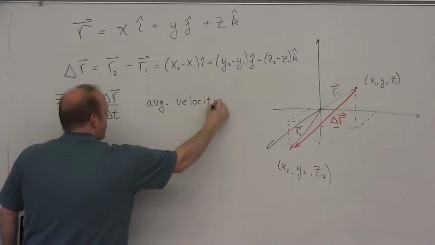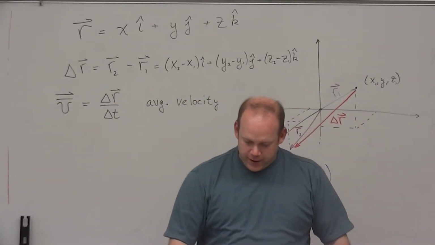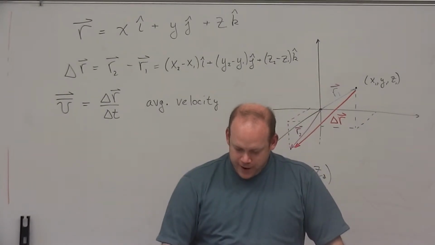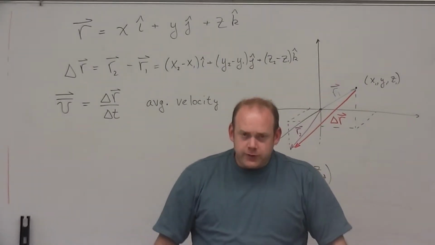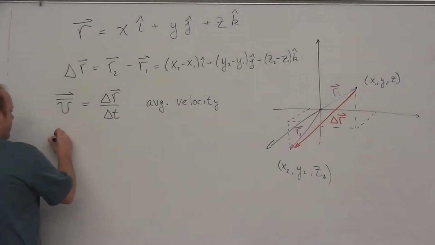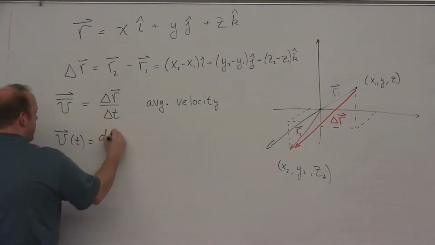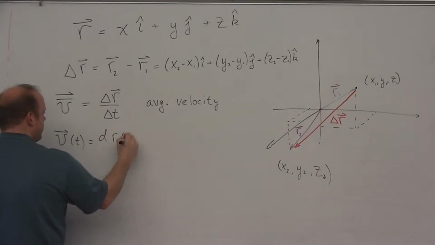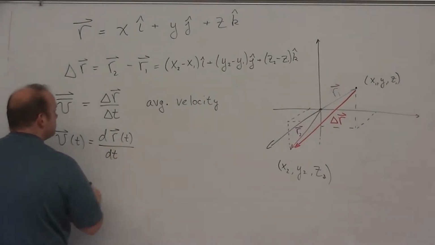However, if I want my instantaneous velocity, it's not just what it is over a particular period of time, it's what the velocity is at a particular moment. So what I'm going to say is that my velocity as a function of time t is equal to the derivative of my position with respect to time.